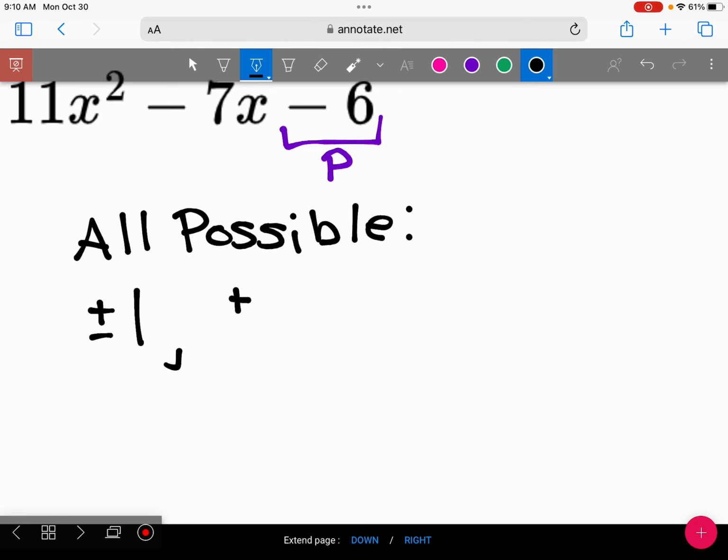And then plus or minus, I'm going to take that 1 over 2, 1/2. Plus or minus. Now I'm going to go on to my next possible P factor. 2 over 1, which is 2. And plus or minus 2 over 2, which is 1, which I already have written down. I don't need to write it again.